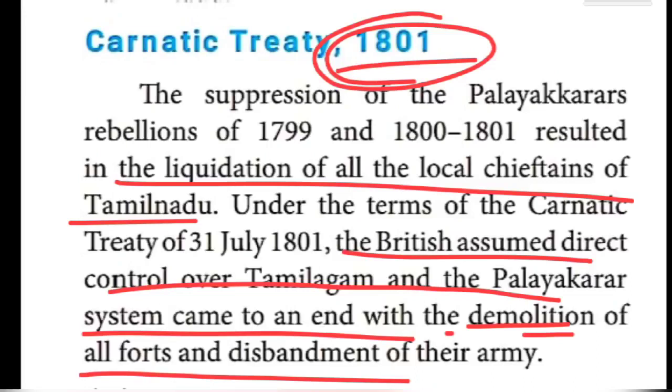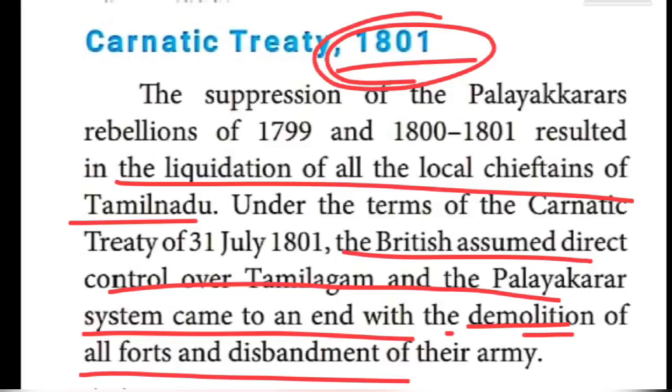Sivagangai was annexed in the year 1801. Moreover, after the completion of the revolt, the Marudu brothers, Chinna Marudu as well as Periya Marudu, were both executed in 1801.